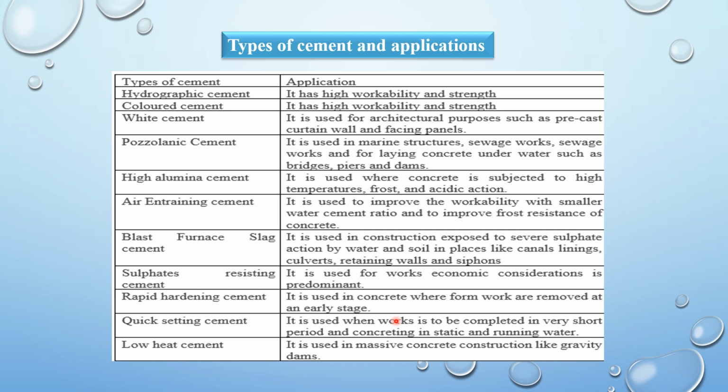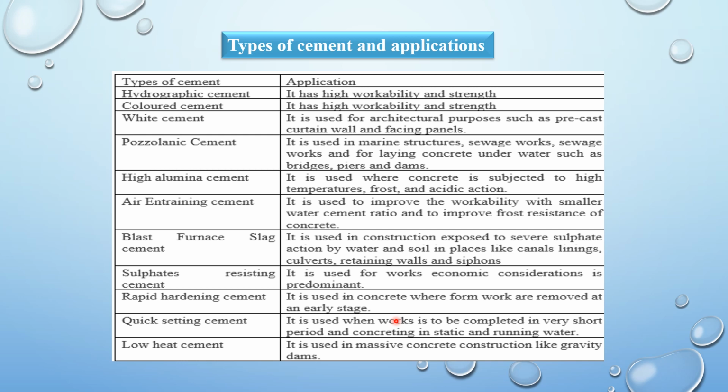Students, if you remember the first lecture, then there is no need to memorize these uses because after writing the name of the cement which we have discussed in the earlier lecture, you can write the uses very easily without memorizing these applications.